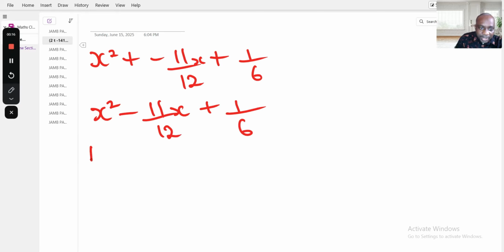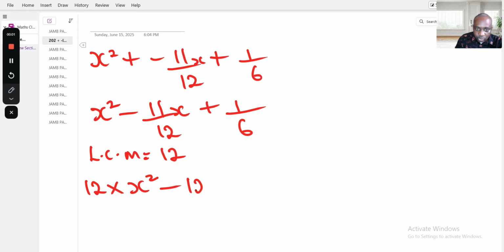Now, our LCM is what? 12. You use the 12 to multiply this, and to multiply this. 12 multiplied by x raised power 2 minus 12 multiplied by 11x over 12 plus 12 multiplied by 1 over 6.